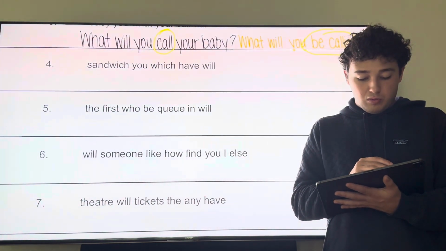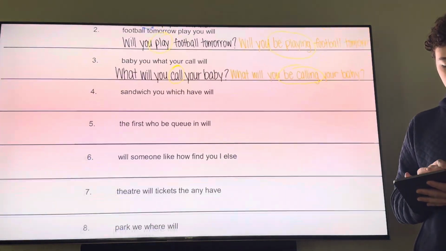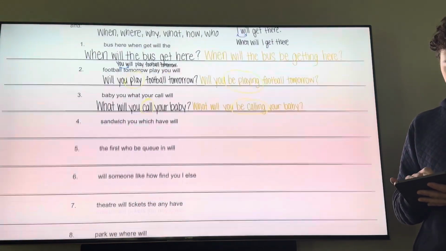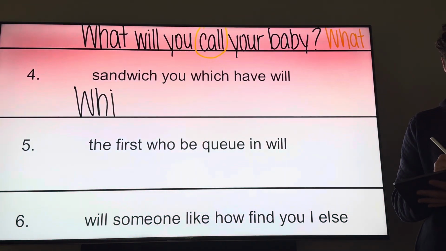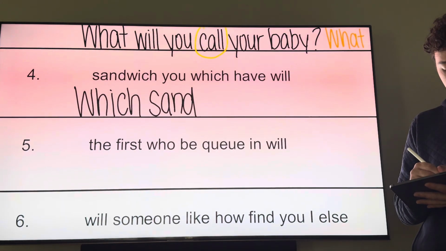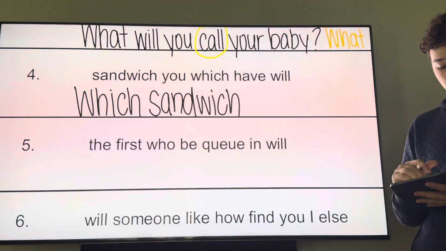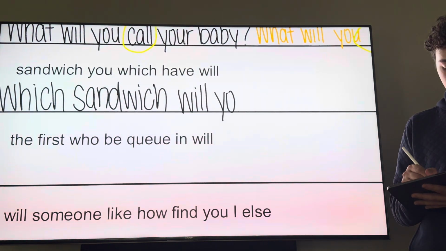Sandwich, you, which, have, will. So, another question word is which. Which sandwich will you have?